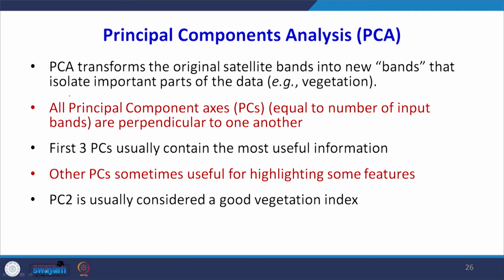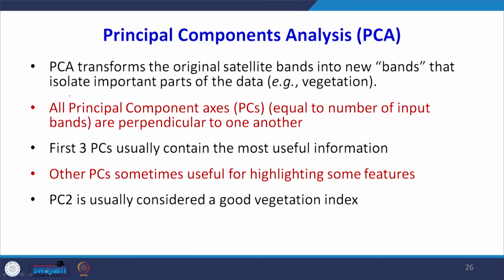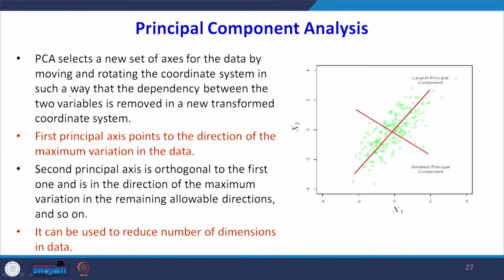So if I have 4 input bands, my output will be 4 principal components, and all these are now uncorrelated with each other. Earlier some of the bands were correlated, but this has become uncorrelated. I get the maximum information content in PC1, the next maximum in PC2, and the least in PC4. So maybe we can take the first 3 bands and carry out the analysis.